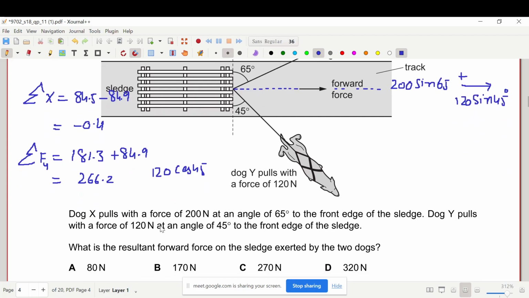So what about the resultant? Fx square plus Fy square.